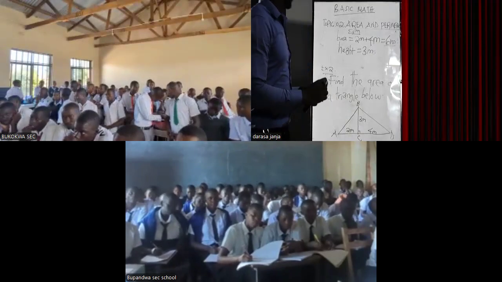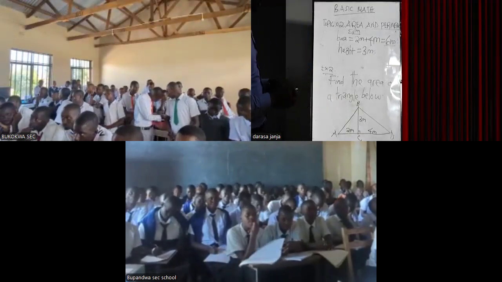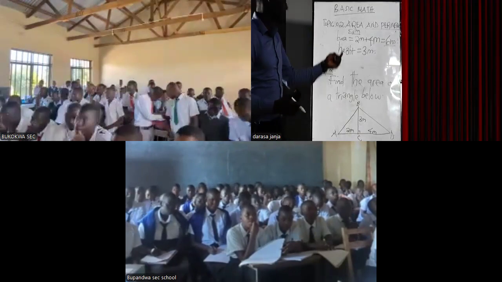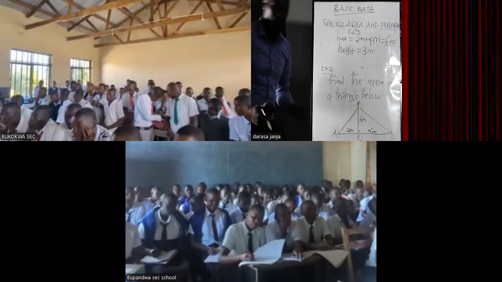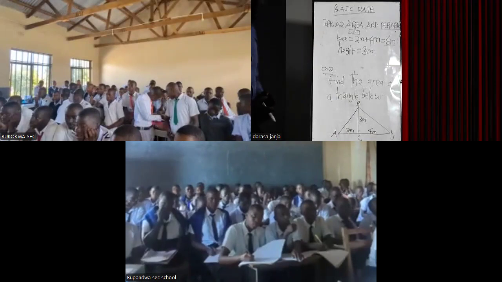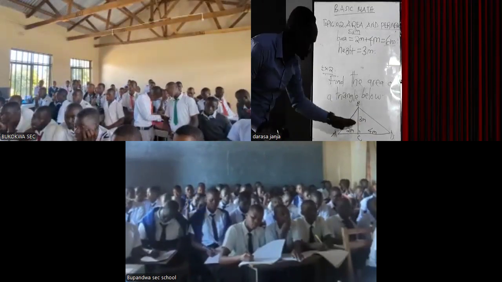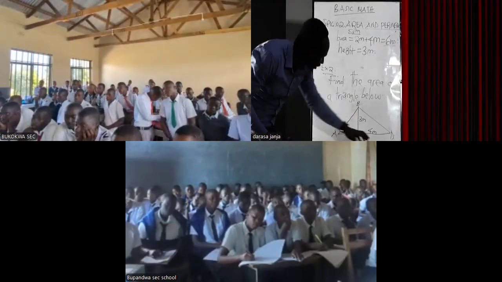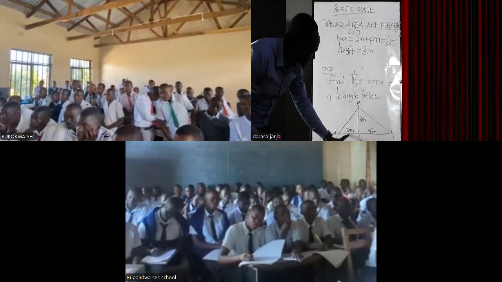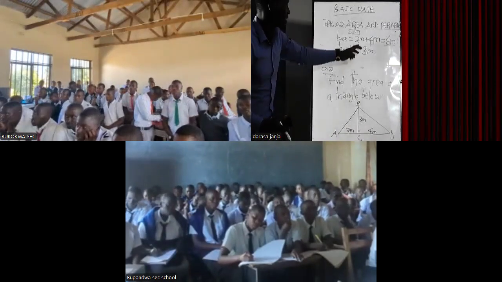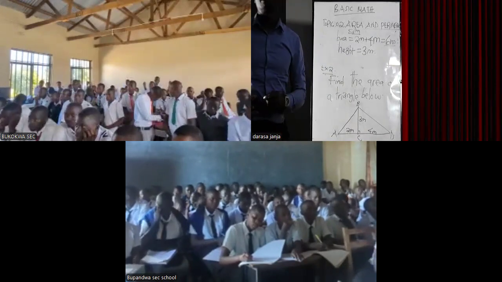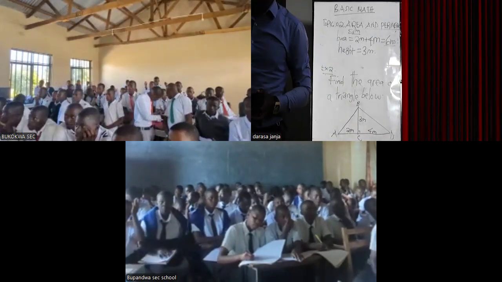We need to write the formula. The main concept to remember here is how to get the base from this kind of triangle. Don't forget that you have 2 triangles here. If they give you this kind of triangle, you have to total the first length and the second length to get this base. You must remember it always.